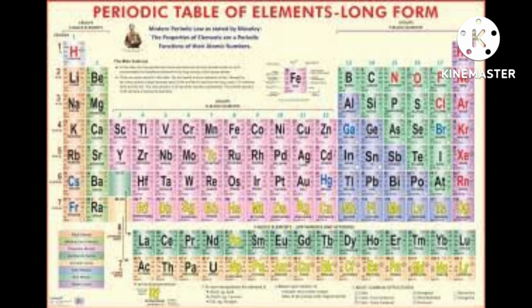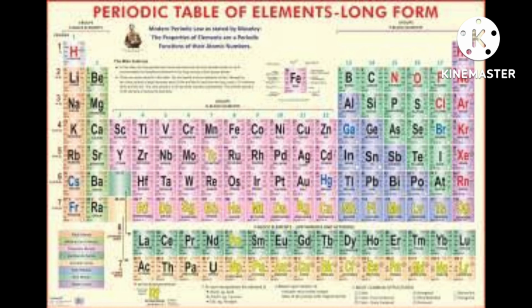Actually what happens is that in the 6th period, 14 elements are missing. In the periodic table, it starts with 55, then 56 is there, 57 is there, and after that directly 72 is there.